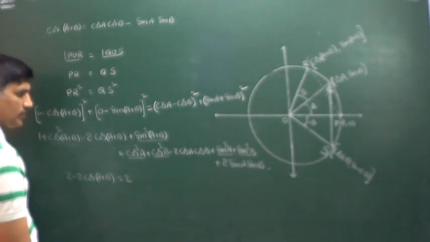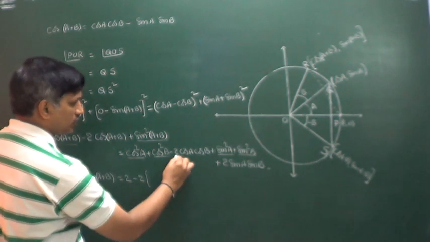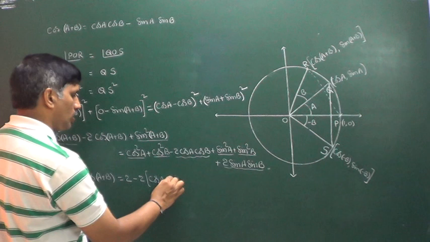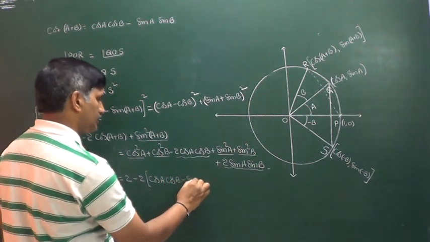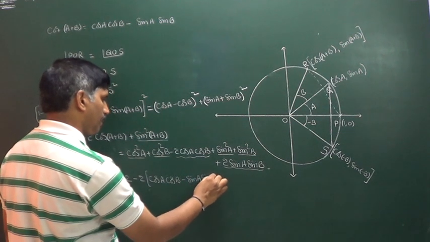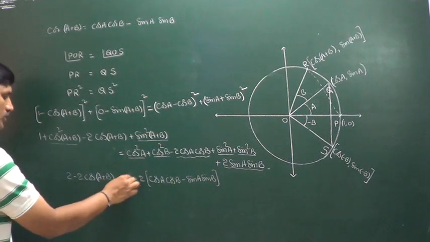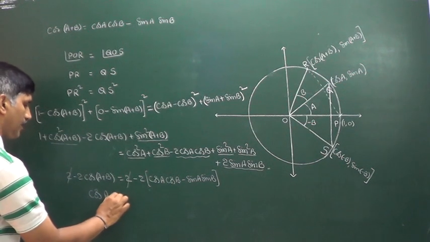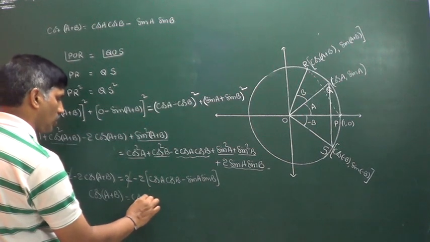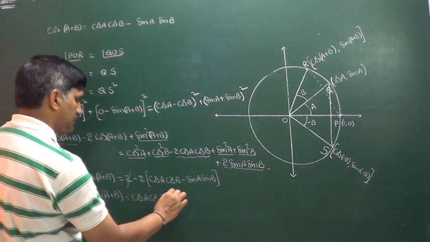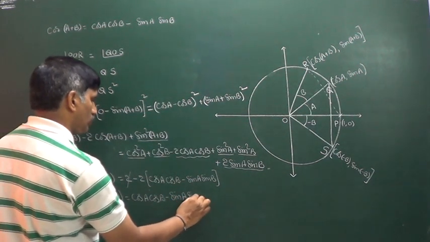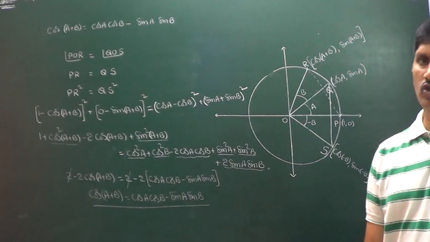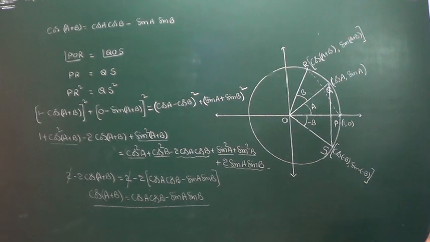That's why we can write 2 minus 2 times, taking minus 2 common from these two terms, cos A cos B minus sin A sin B. Now you can observe both sides the 2 cancels, the minus also cancels, and minus 2 also cancels. We get cos (A plus B) is equal to cos A cos B minus sin A sin B. So that is the derivation of the cos of A plus B formula.